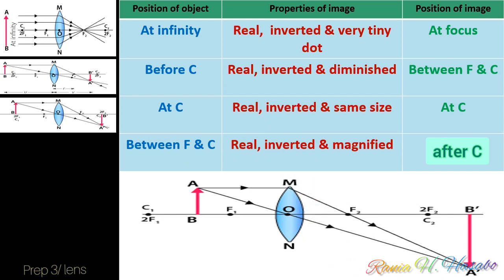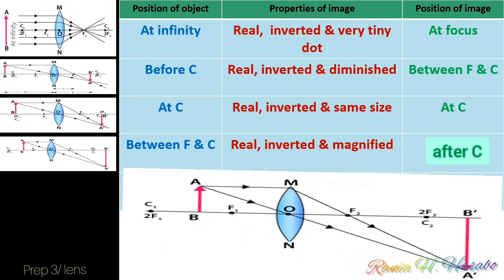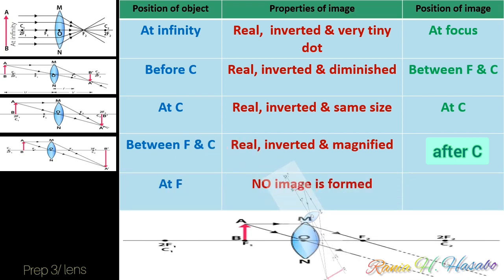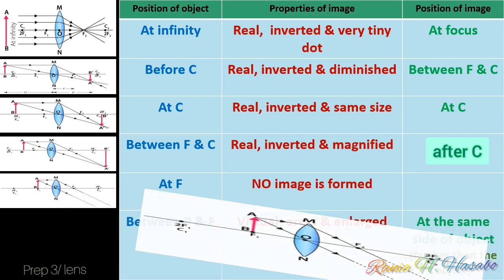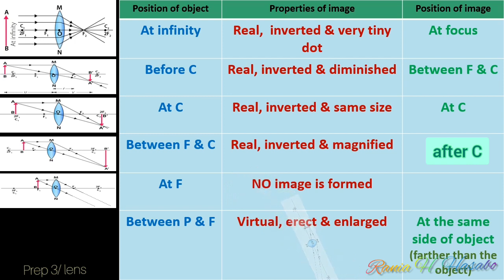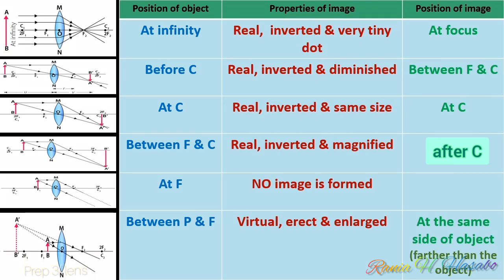At a distance greater than F and less than the radius, between C and F, it will form a real, inverted, magnified image after C. At the focus, no image is formed. If the object stands at a distance less than the focal length, before F, it will form a virtual, erect, magnified image on the same side of the object, farther than the object.